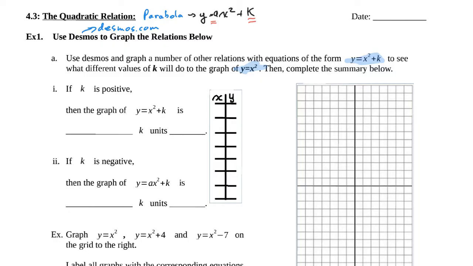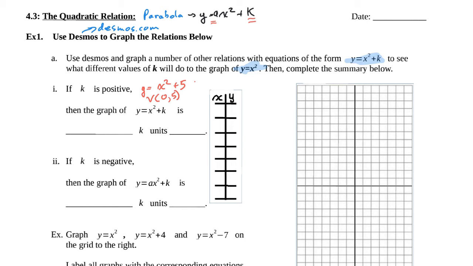Think about what we did. We had our first graph for this here. So if k was positive, an example of our graph was y equals x squared plus 5, right? And its vertex was (0, 5). So remember, (0, 5), there's a matching number there.